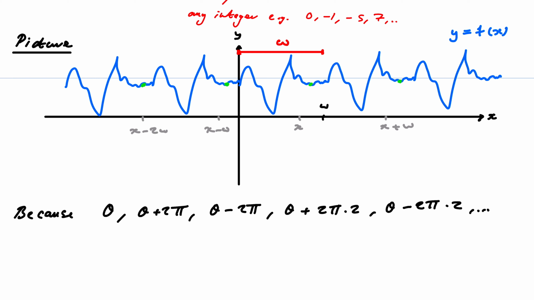That's the same P. All give the same point on the unit circle, because they're all full revolutions, right? Plus 2 pi just says we'll go all the way around and end up back at the same position going counterclockwise. Minus 2 pi is you do the same thing but in the clockwise direction. They all give the same point on the unit circle.